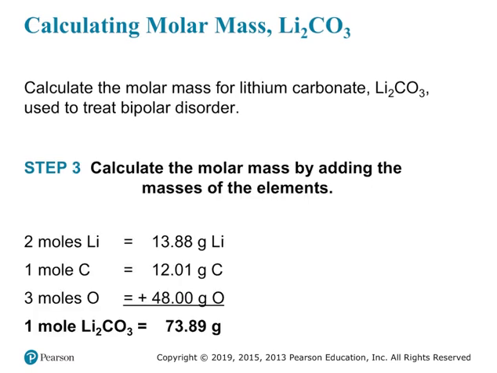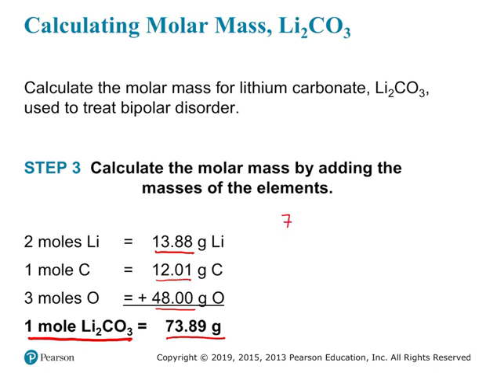So again, we're going to add 13.88 to 12.01 to 48, and that will give us the mass of 1 mole of lithium carbonate. So that mass is 73.89 grams.